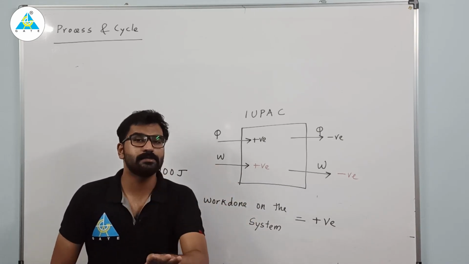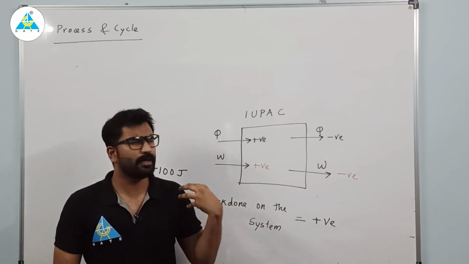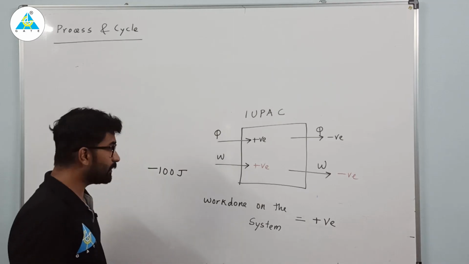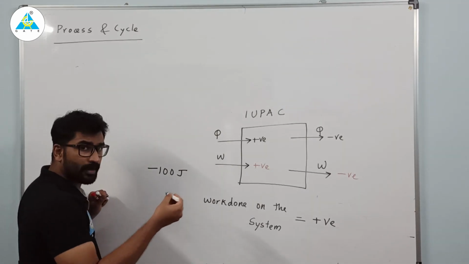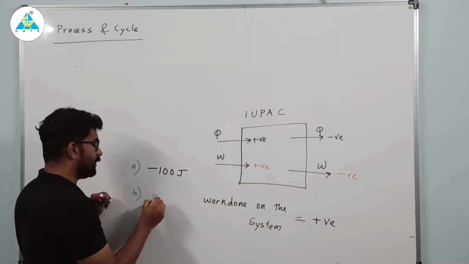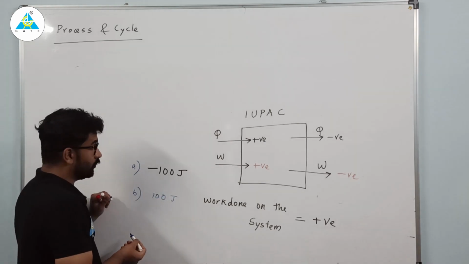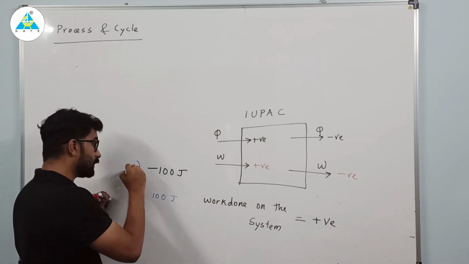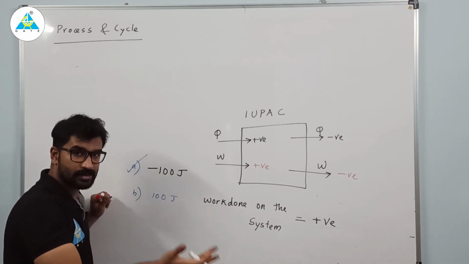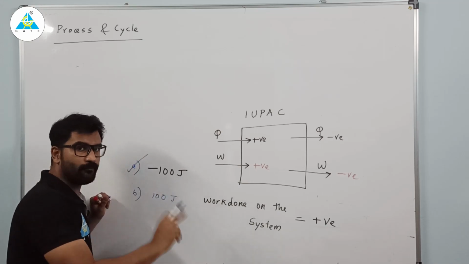I have seen this in some test series, because normally Thermo 1 questions are prepared by a mechanical faculty. They will keep work done by the system as the question, with option A minus 100 and option B 100. Those who tick as a chemical engineer, when I solve I will get this and I will get negative marking. That happens in test series because they prepare only one sign convention.